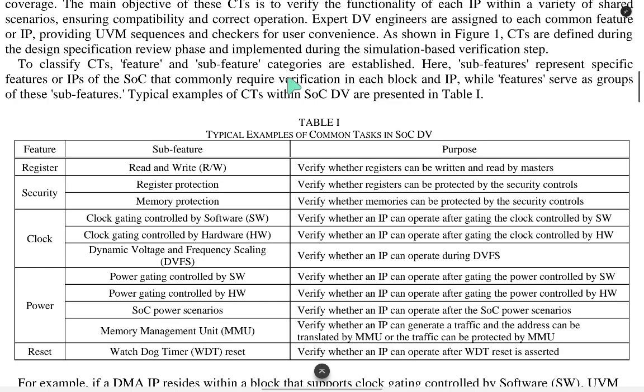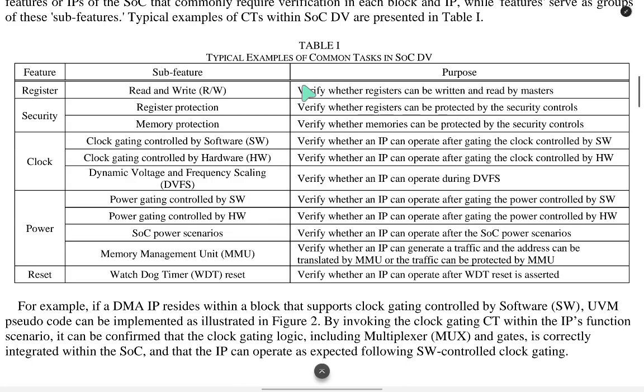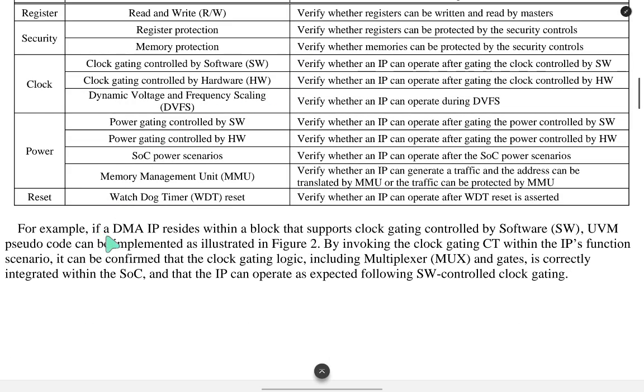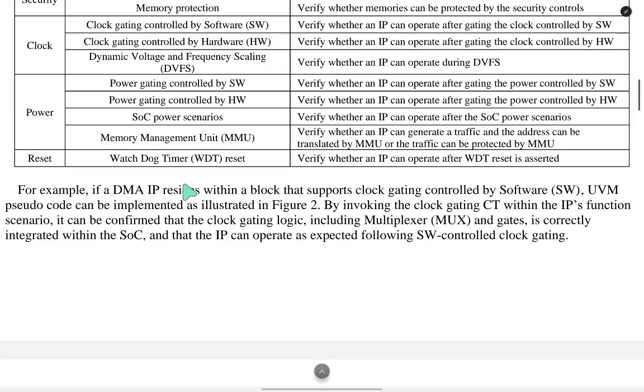Table 1. Typical examples of common tasks in SOC-DB. For example, if a DB IP resides within a block that supports clock gating controlled by software, UVM pseudocode can be implemented as illustrated in Figure 2.